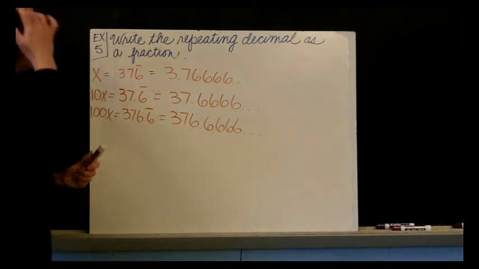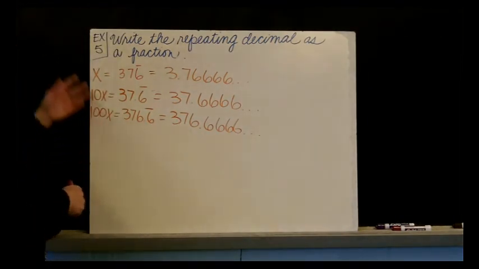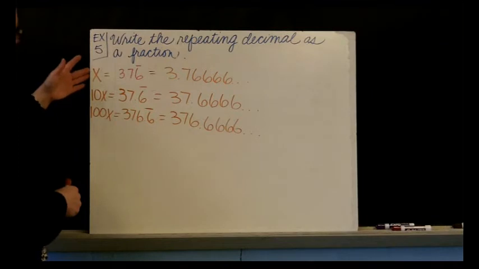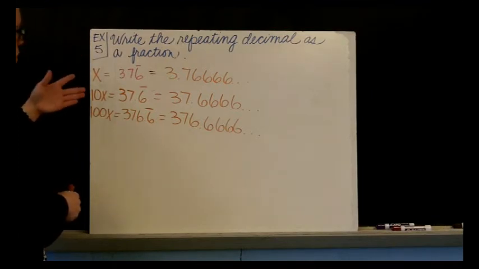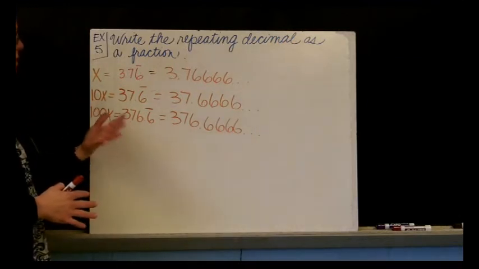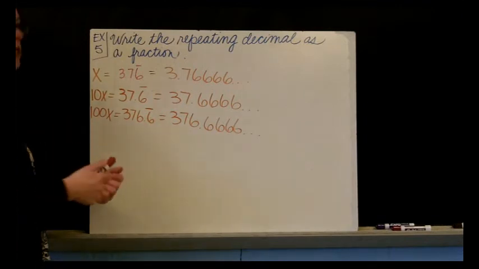So before we get any further, because I know that this is confusing, here's what we're doing. We have our original decimal, which is 3.76 repeated, and we're calling that x. And what we are doing, one step at a time, 1/10 at a time, is making equivalent variable expressions.